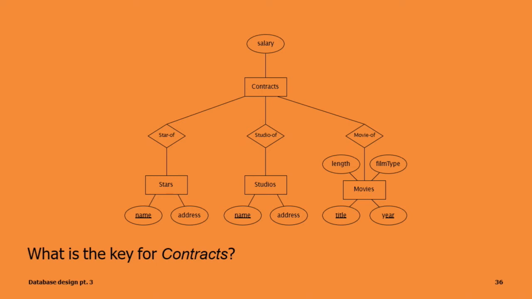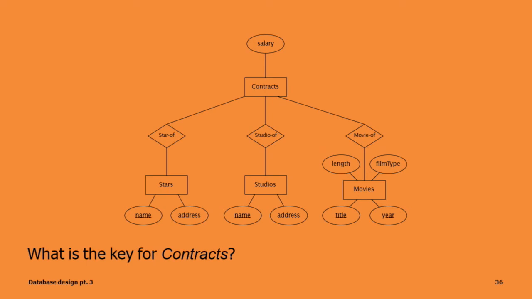So, this is an interesting one. What is the key for the contract entity? Yeah, the combination of all three. So we need the identities from stars, studios, and movies, which should be the name of the star, the name of the studio, and the title and the year.